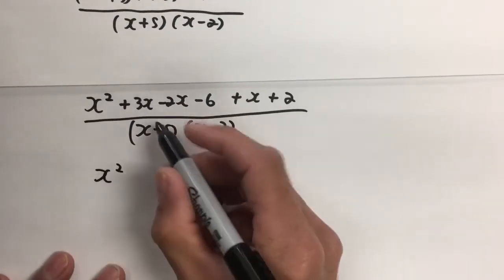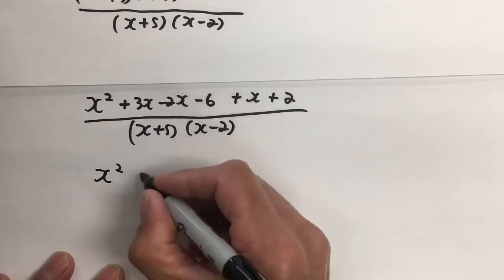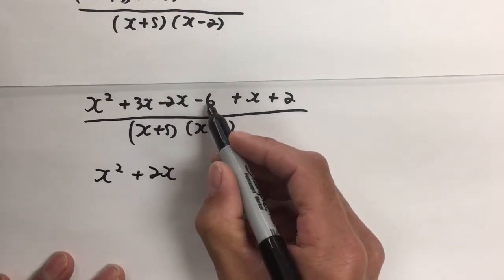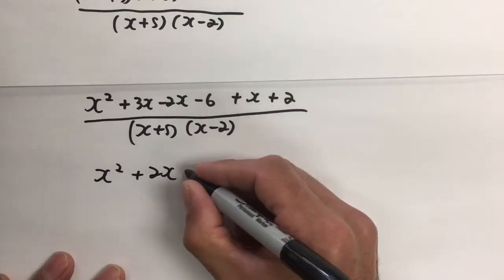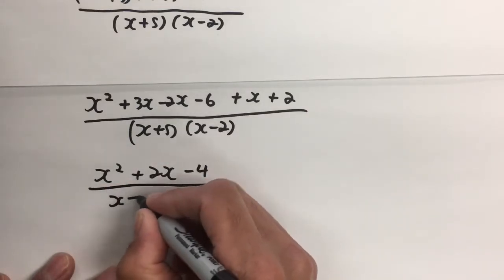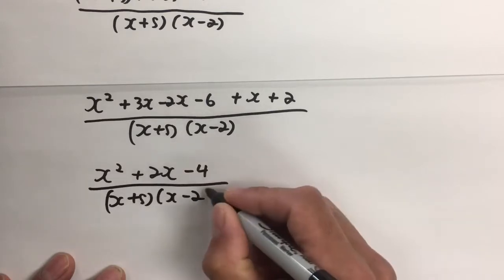So we've got x squared, 3 minus 2 is 1, plus 1 is 2. And then minus 6 plus 2 is minus 4. All over x plus 5 times x minus 2.